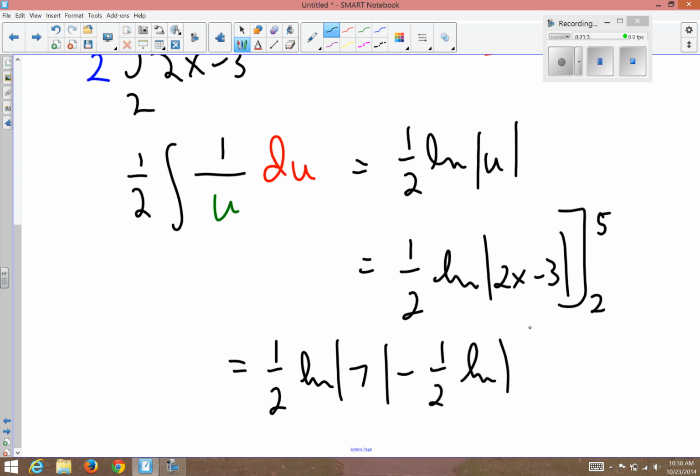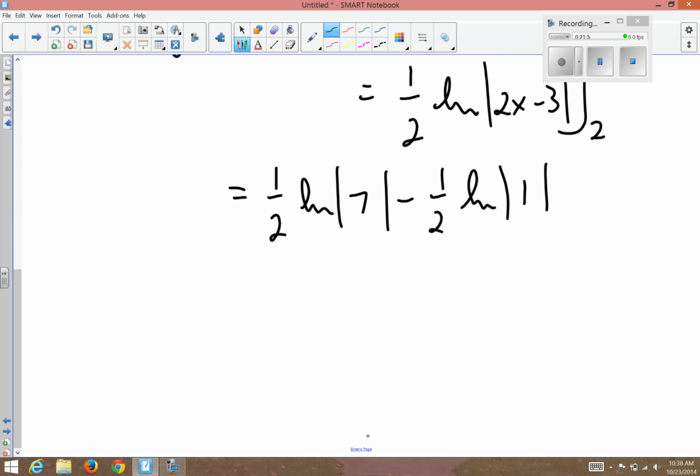That's 1. The absolute value of 1 is 1, and the natural log of 1 is 0. So we have 1/2 the natural log of 7. And the absolute value around 7 is not necessary.